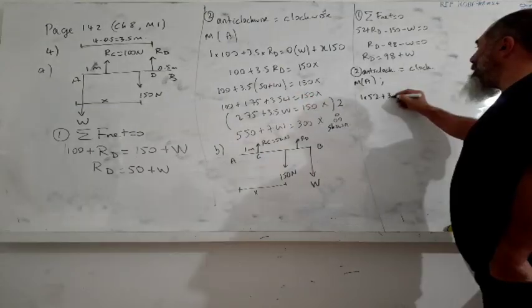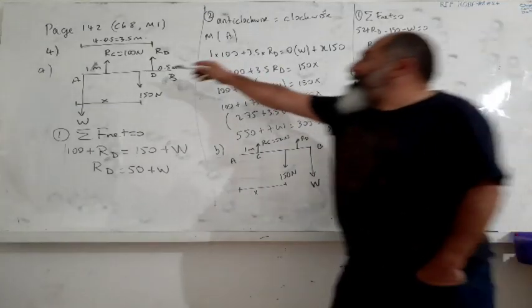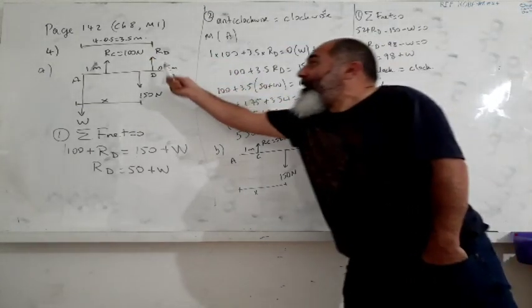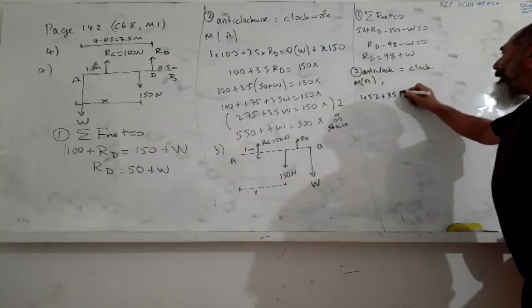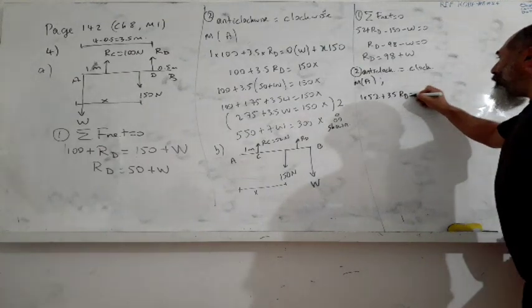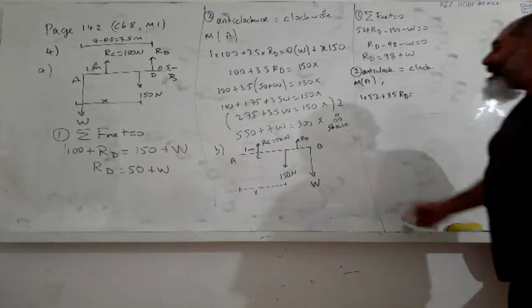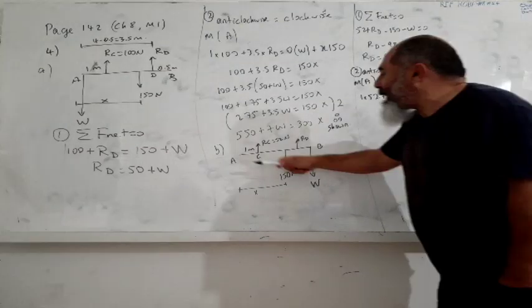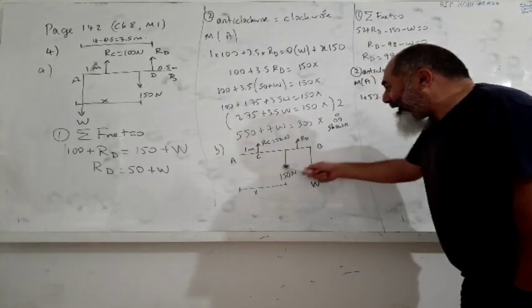We have two forces which try to cause a clockwise moment there. From A to the center of mass, which has a weight there, which is the weight of the rod AB, the distance is X, and the force is the weight 150.